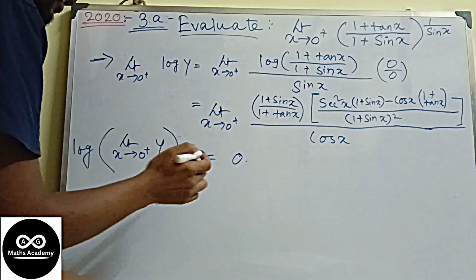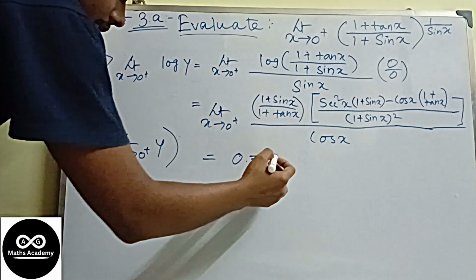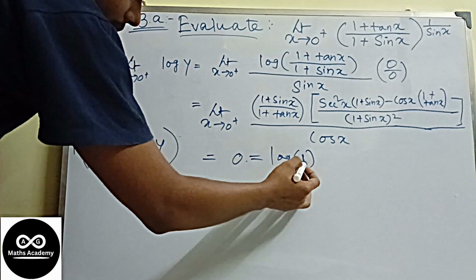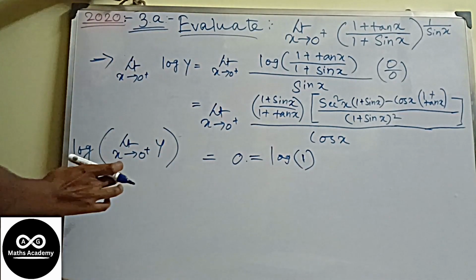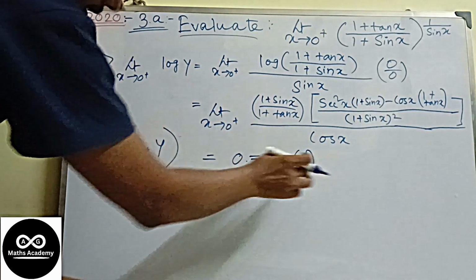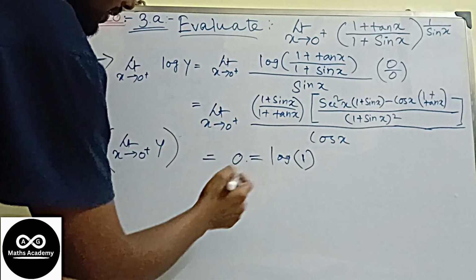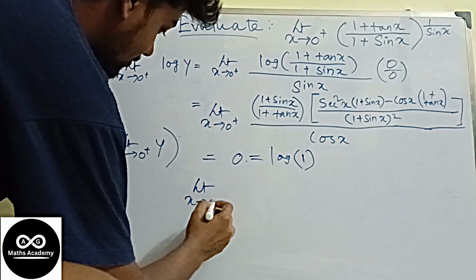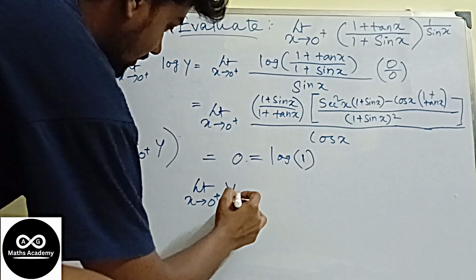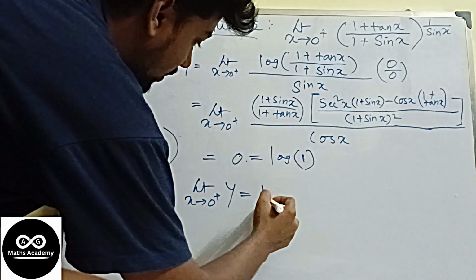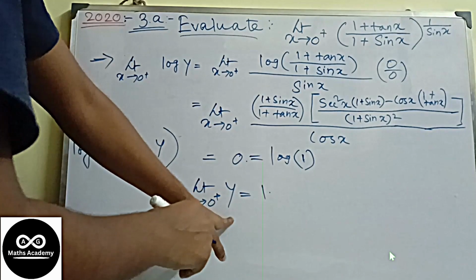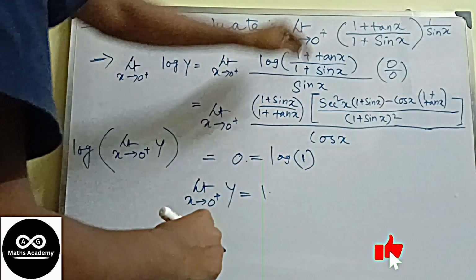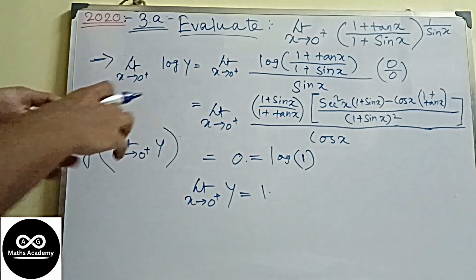So log of this thing, this 0, which is log of 1. So log of this is equal to log of 1, which will be the same as 1. So limit x tends to 0 plus of y will be equal to 1, and y was the whole thing. So the limit of this thing will be 1.